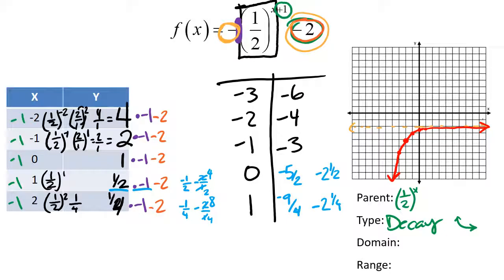It originally would have looked like this if it was decay, but we flipped it down because of that negative. Okay, so it still makes sense with the problem. My domain, forever left, forever right. My range goes from -infinity up to -2 parentheses. So watch those ranges when you have a negative out front. It flips it around.